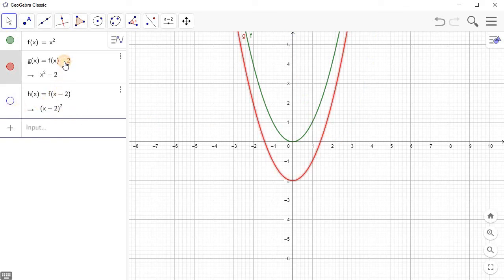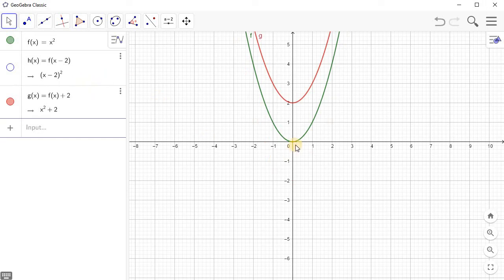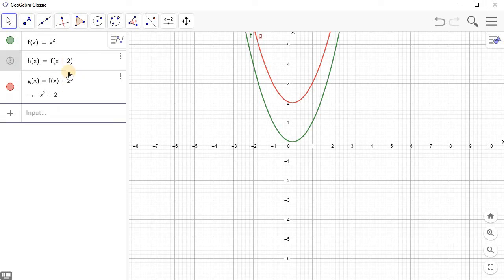All right, and then if we change this minus to a plus, you see what happens? It shifts it up. Now, let's do a combination of them. Let's do plus 2 and say minus 3.